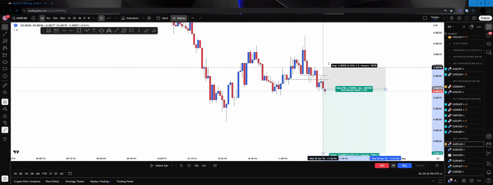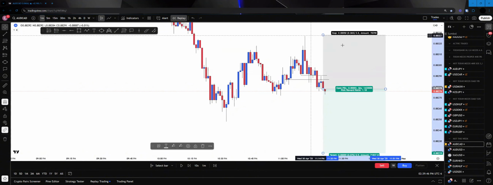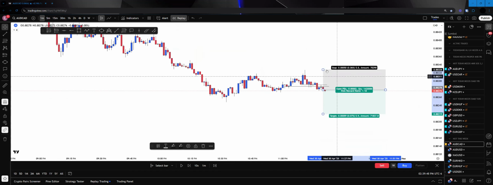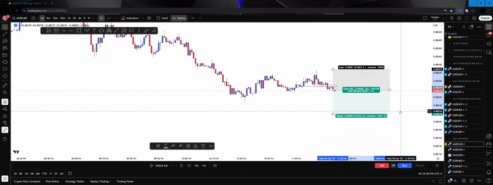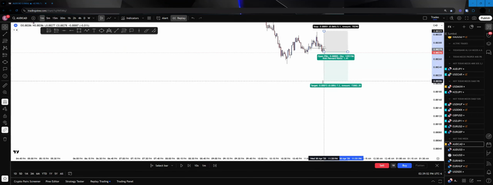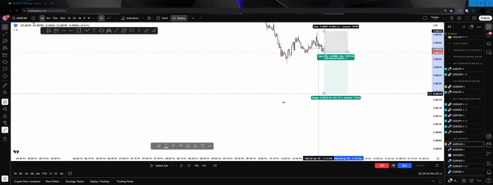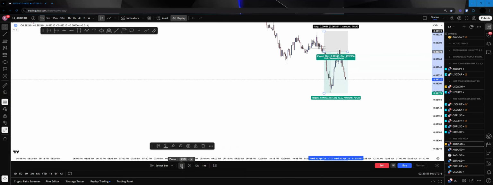Stops above the structure. If we're doing this, I would just put it right there. Okay, and then just target like 2R. Okay, challenge passed right there. And then it just reverses, I'm pretty sure.